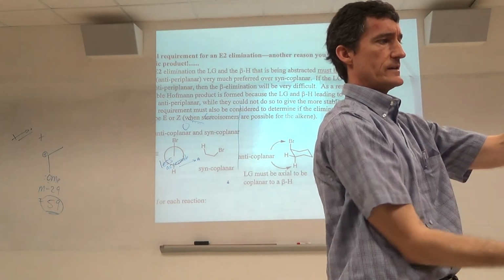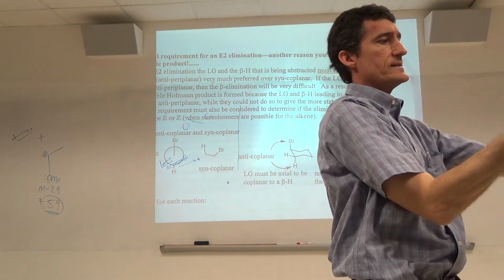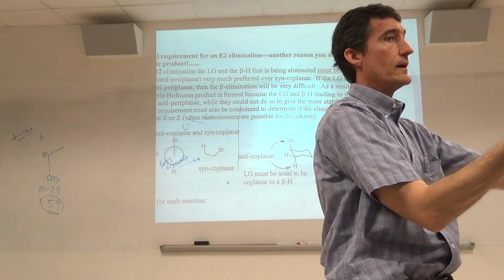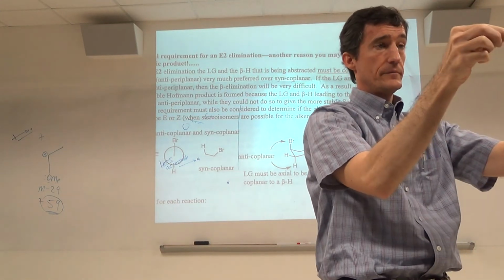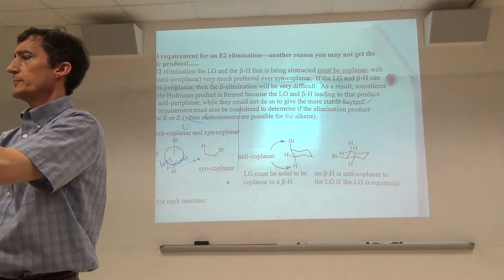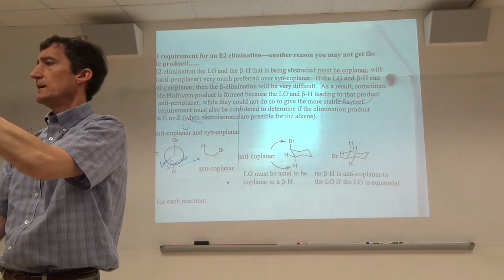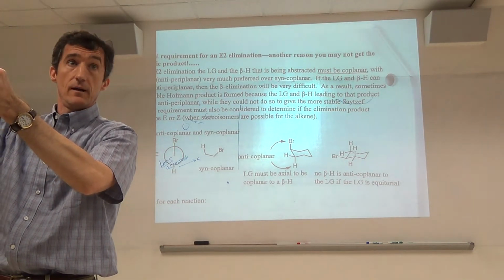The Br is straight down. The H is straight up in the plane. Is the H and the Br syn or anti? Anti. Okay, straight up in the back, straight down in the front. The bromine is straight down, axial. The H that gets eliminated is straight up and also axial.